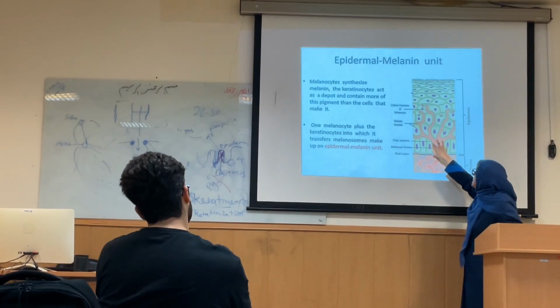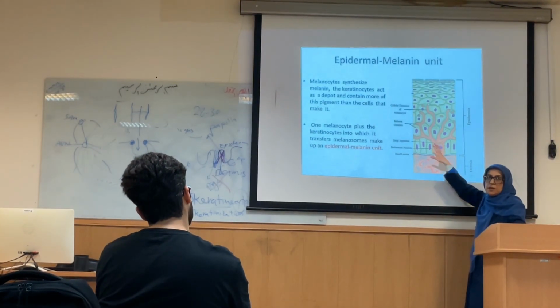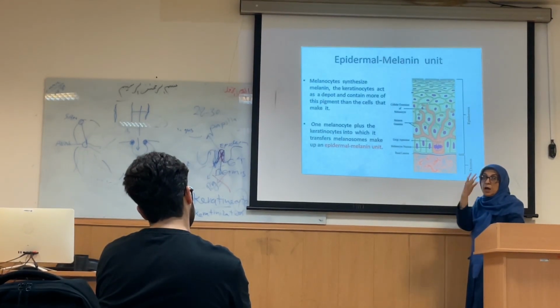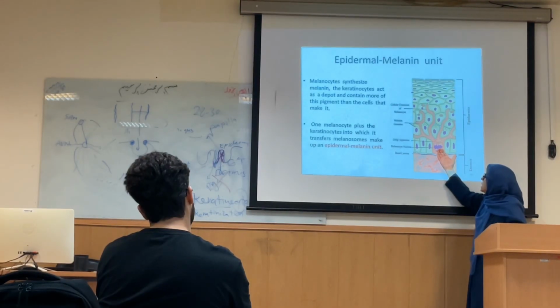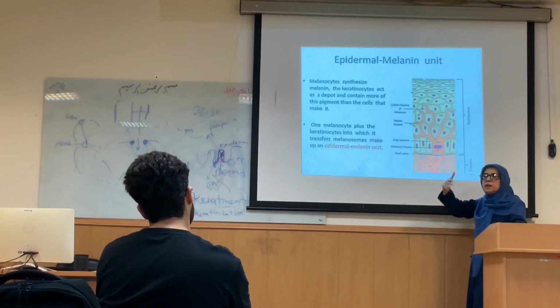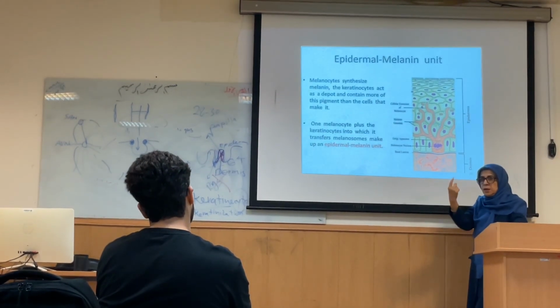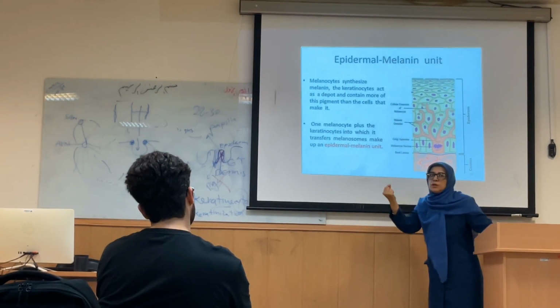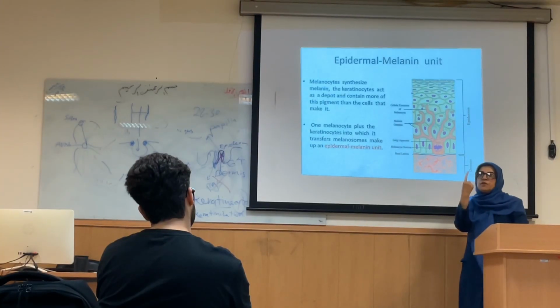For example, in a European person with light skin, the melanocyte synthesizes melanin and transfers it to 15 keratinocytes, forming just one unit.